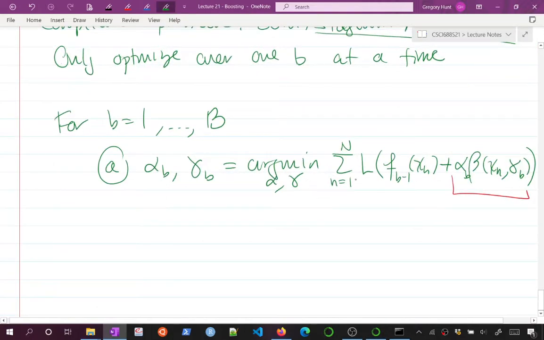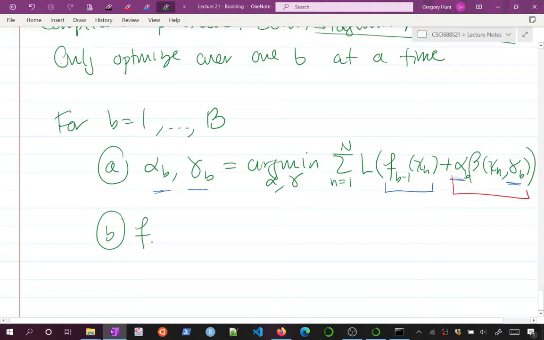We look at the loss of the previous stage, plus if I add on another term, I optimize my alpha and whatever parameters for this thing just locally for that one step. So it's basically a greedy approach.